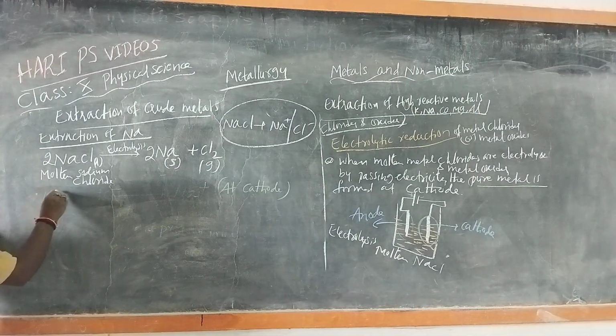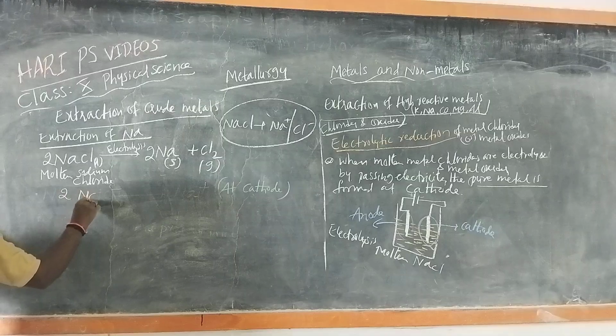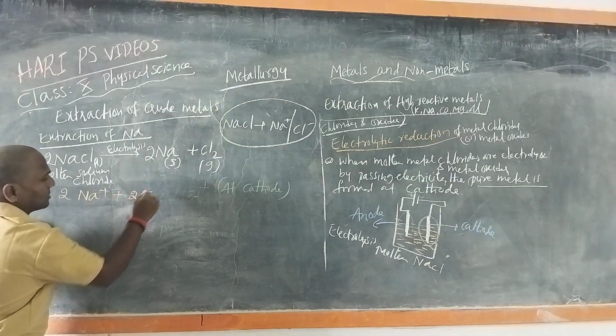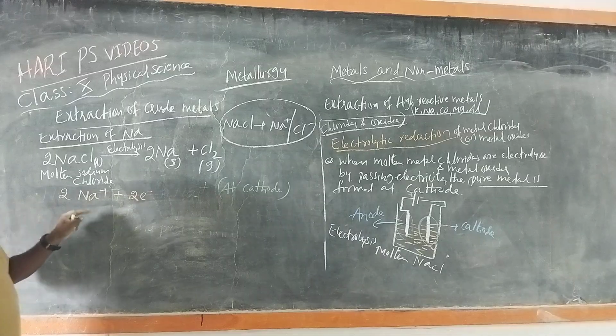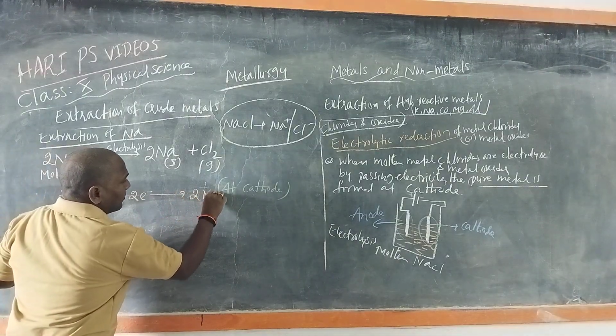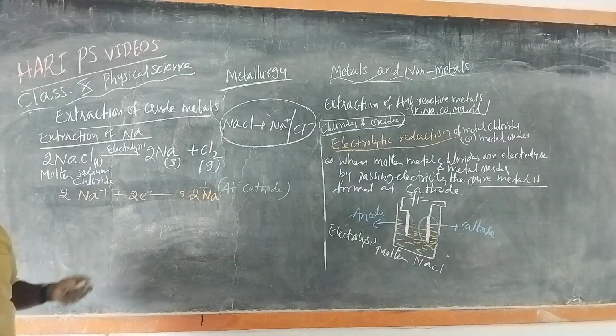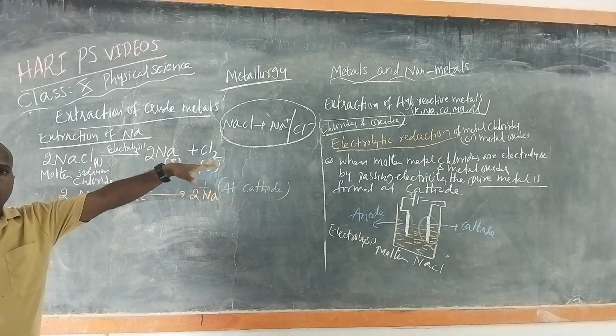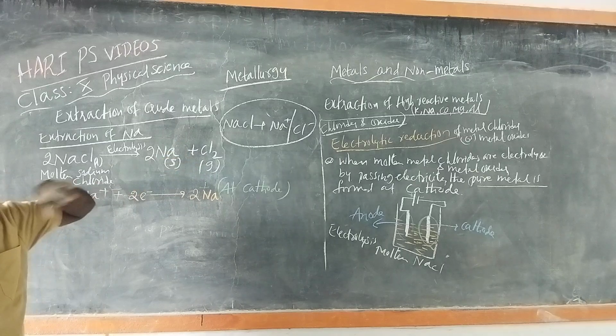These ions: Na plus plus 2 electrons, gain electrons and form Na. So at the cathode sodium is formed. So NaCl is dissociated and divided into Na plus and Cl minus ions.